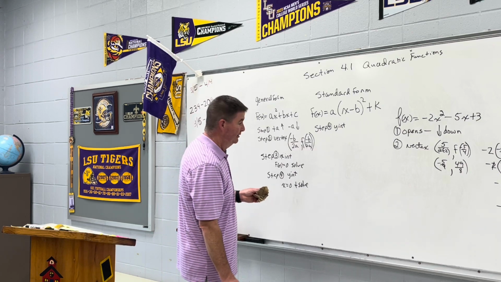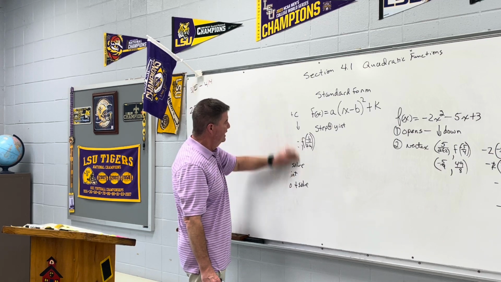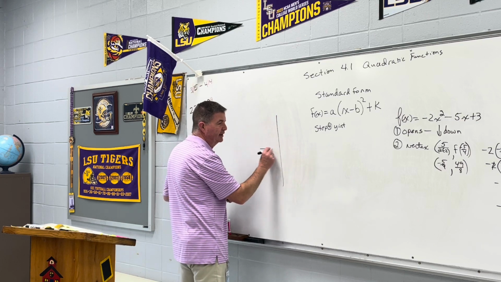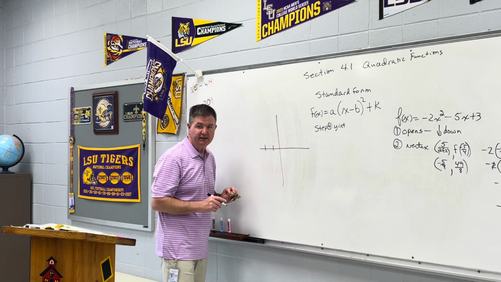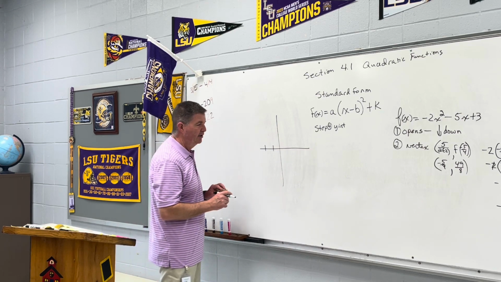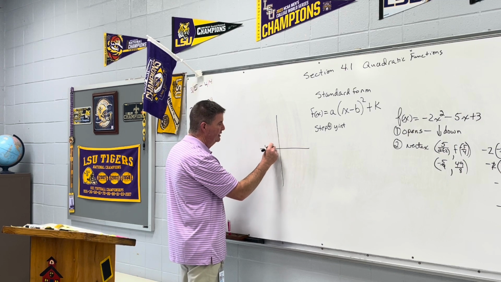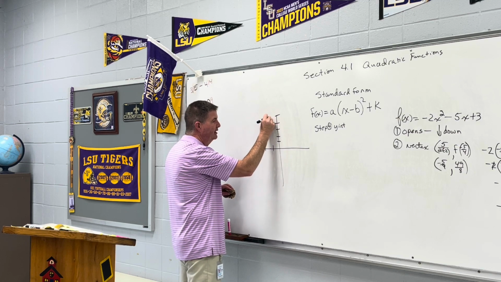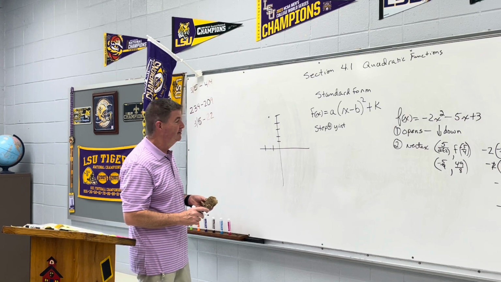This is not a very good one to graph, but we'll look at it and see what we can do. So I have my coordinate plane. I'm at negative 5/4, which is basically negative 1 1/4, so about right here, and positive 49/8, which is about 6 1/8.